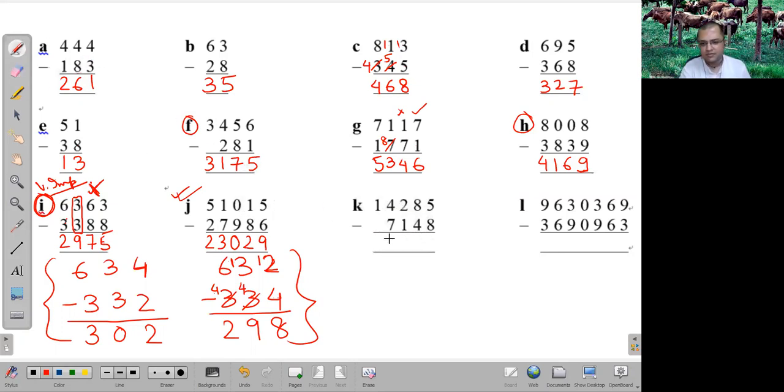And then 2 minus 1 is going to be 1. And then 8 minus 4 is going to be, no, 8 minus 5 is going to be 3. And the next one is 15 minus 8. So that's going to be 15. Correct. 15 minus 8.